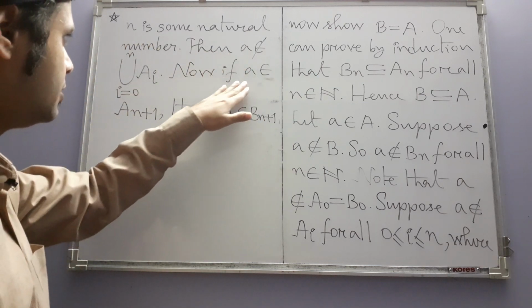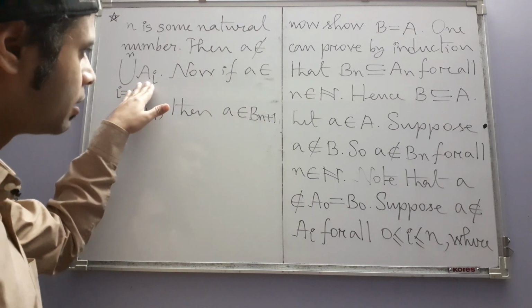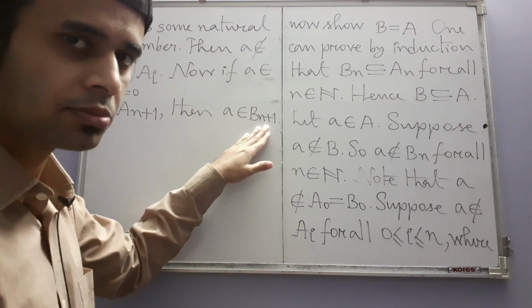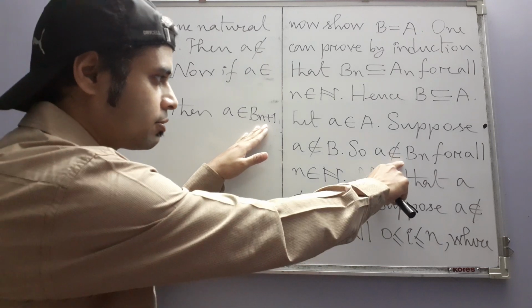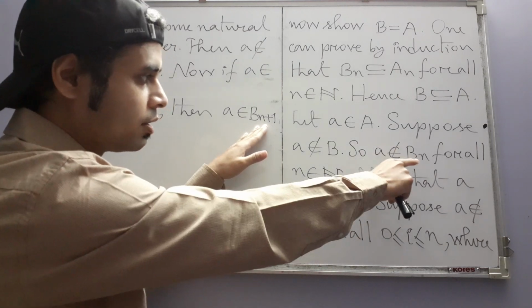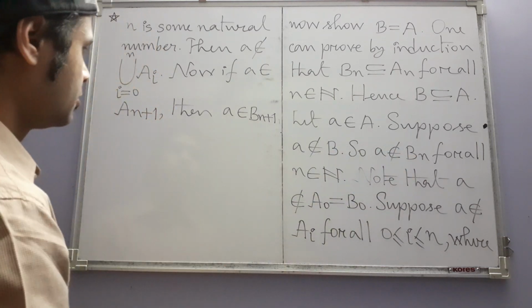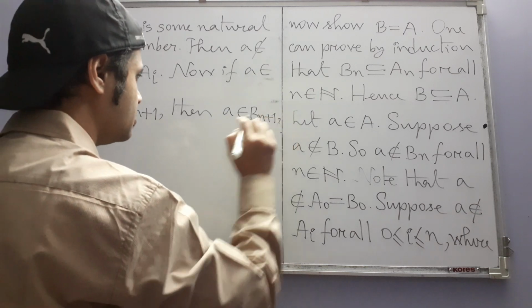So if a is here but not here, then a would have to belong to Bn plus 1, but that would contradict the condition that a belongs to none of the Bn's.